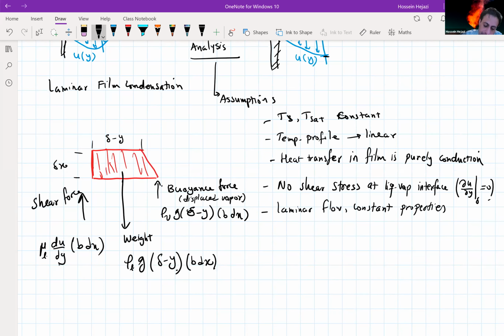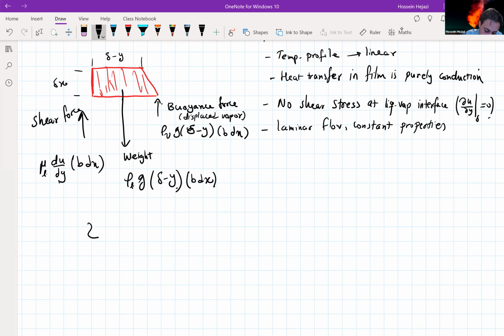Now, if we write the balance of forces, okay, like sigma F equal to 0, what this means here is weight is going to be equal to viscous shear stress plus the buoyancy force.